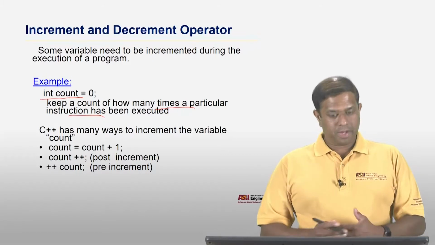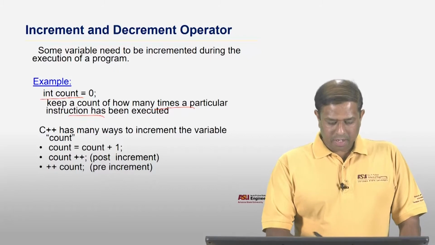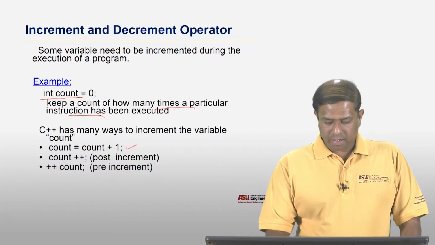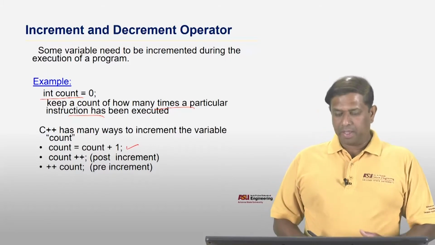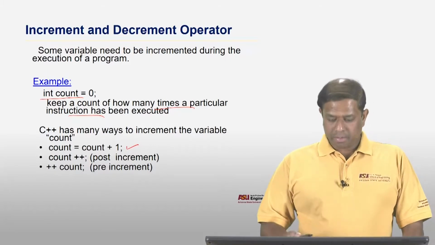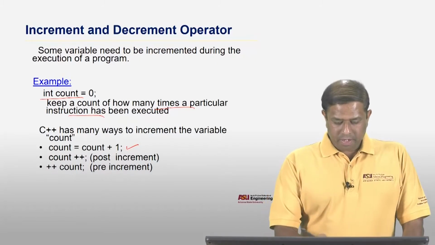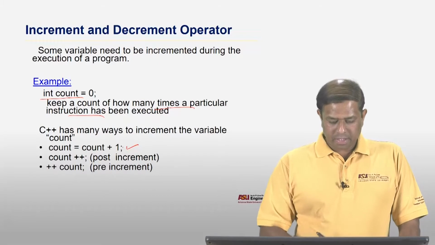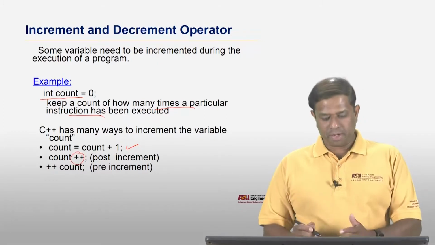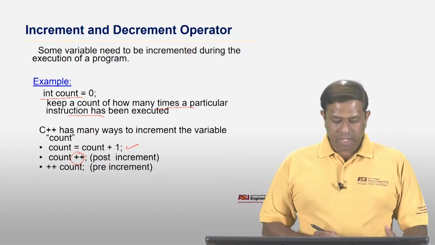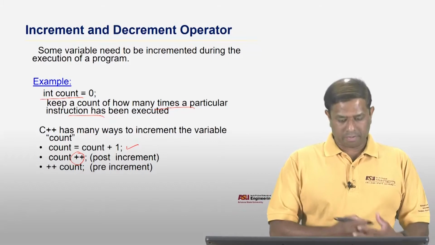There are multiple ways for us to do this increment. One of the ways is to add 1 to the variable count. So we can say count equals count plus 1. In addition to that, there are a couple of other constructs that we use heavily in programming. Rather than writing the complete statement, we can put 2 plus signs after the variable name. That is equivalent to the previous statement in terms of the final effect on the variable.